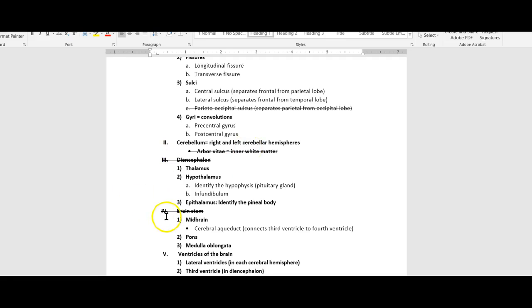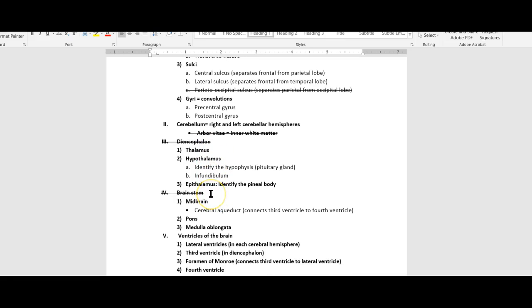And then for these two things, diencephalon is a region of the brain that includes the thalamus, hypothalamus, and epithalamus. But I'm not going to have you identify the diencephalon, just the individual parts. Same thing, brainstem includes these three parts, so be able to identify the parts, but don't worry about identifying the brainstem itself.